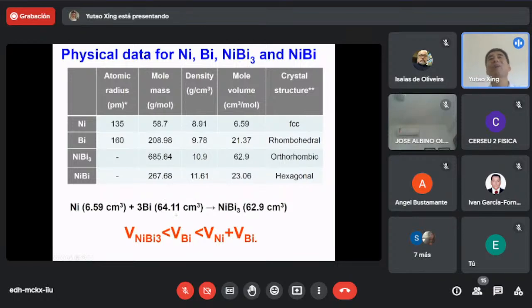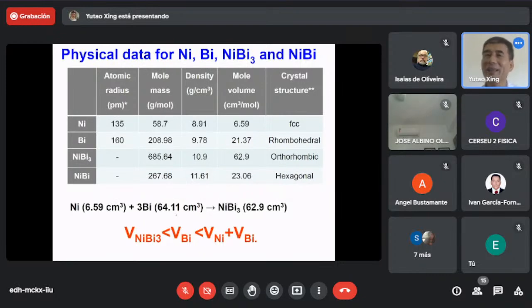So at the beginning, I thought, no, it couldn't be, because just imagine we have bismuth and we put nickel, they react. Of course, the volume may be smaller than the sum of nickel and bismuth, but should be higher than bismuth. No, it's smaller. The volume is smaller even than the pure bismuth.